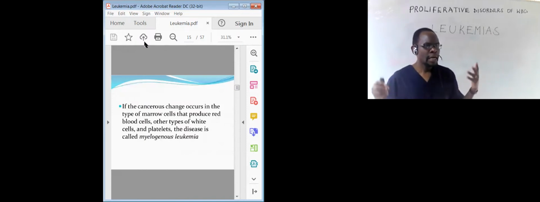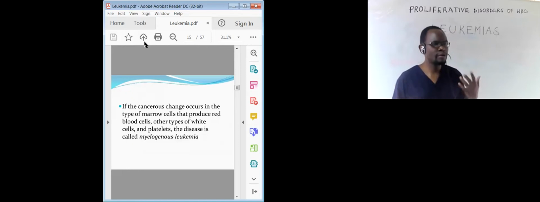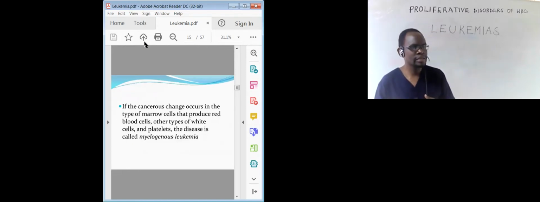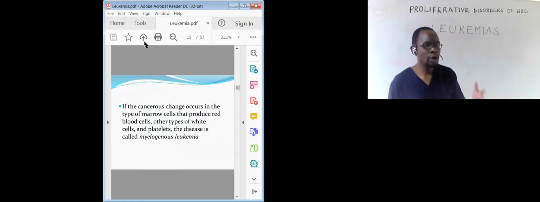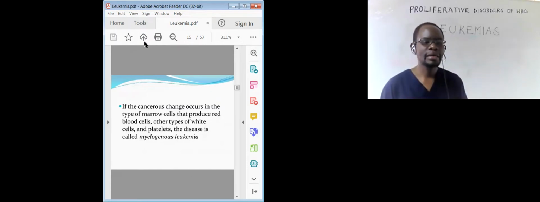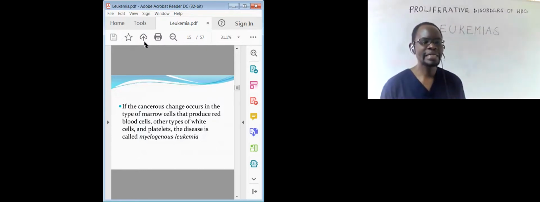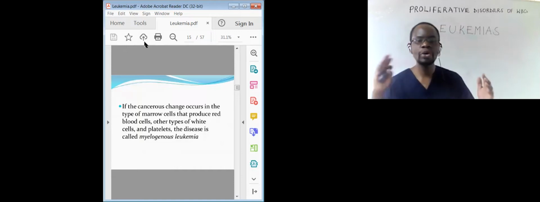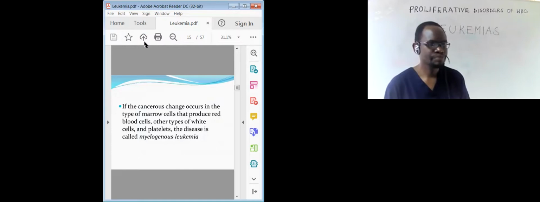Now, if the cancerous change occurs in the type of bone marrow cells that produce the red cells, other types of white blood cells and platelets, the disease is then referred to as myelogenous leukemia. So that is why we said it does not matter which cell line. Basically, leukemia can occur in whichever cell line.